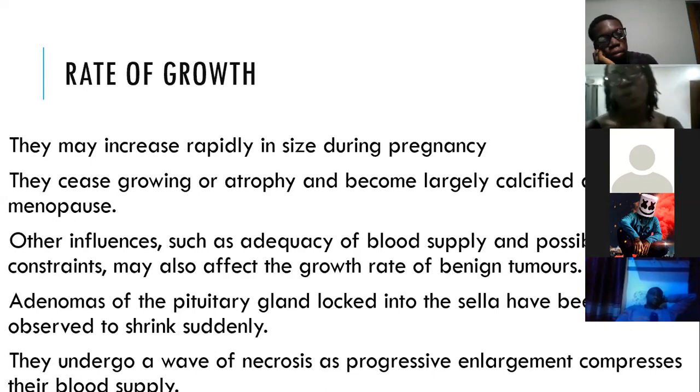So the core of the tumor experiences necrosis because the blood supply is not enough to supply the whole tumor, since it's growing so quickly. So during the pregnancy, they might experience severe pain originating from the fibroid tumor, because the hormones produced during the pregnancy help the fibroid tumor to grow quickly, in addition to helping the pregnancy also to grow.